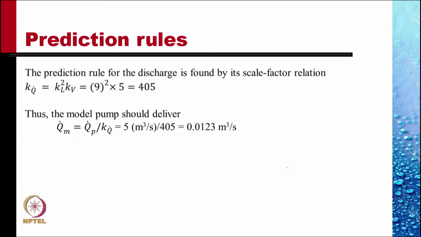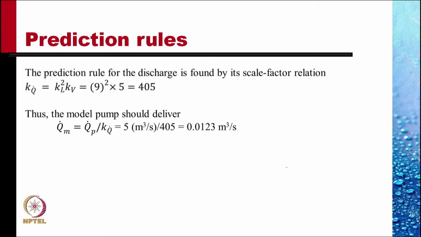The prediction rule for the discharge is now obtained by the scale factor for discharge. The discharge is like velocity times the area of the pipe, and so kq dot would be kl square for the area and kv for the velocity of the fluid through the pipe. KL is 9 and kv has been determined to be 5.